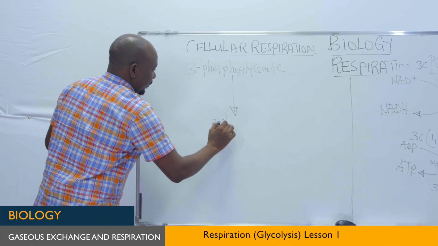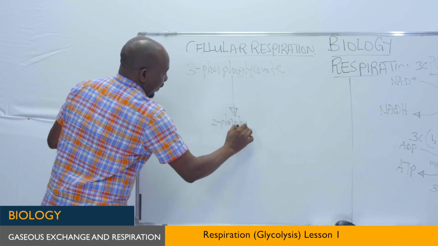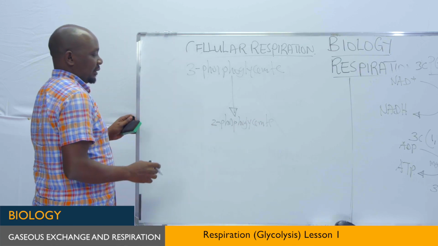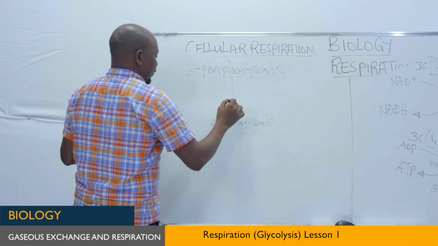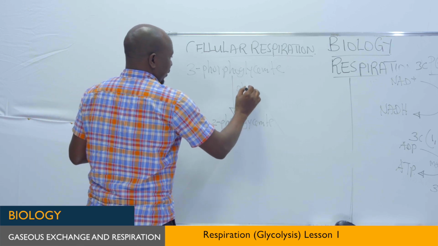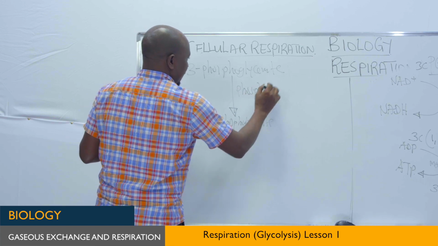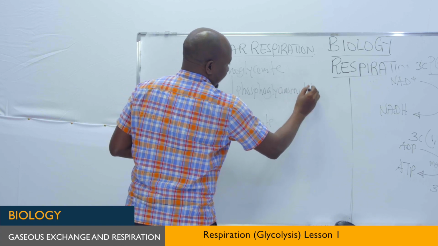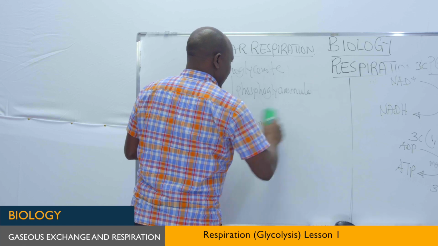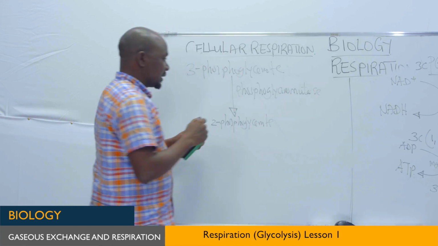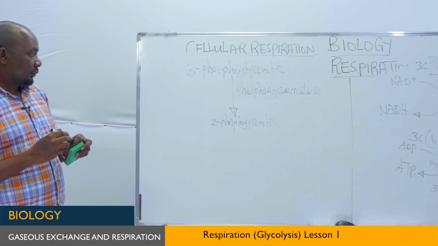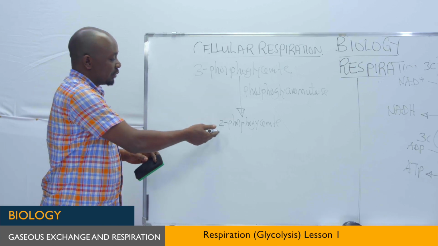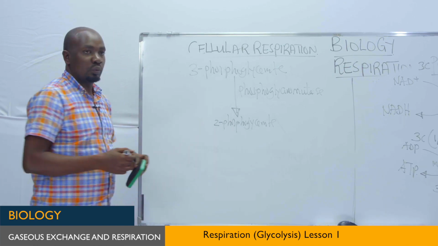Now it becomes 2-phosphoglycerate. And this is influenced by the enzyme phosphoglyceromutase. So this is just a simple rearrangement or shifting of the phosphate group from carbon number 3 to carbon number 2.